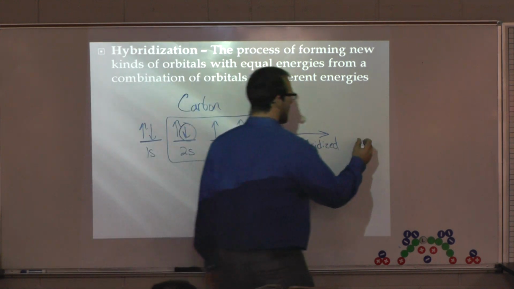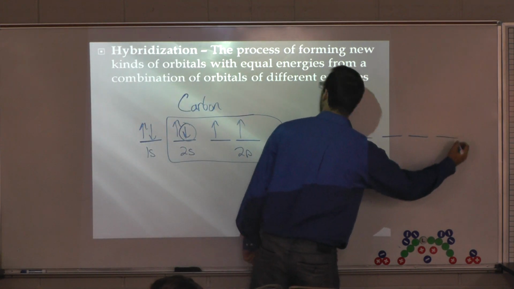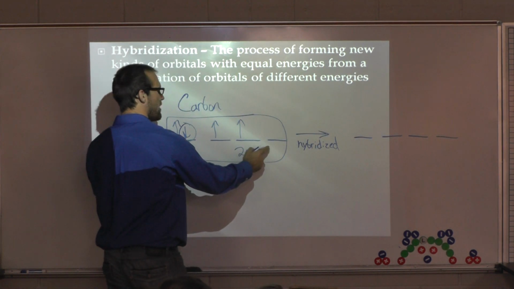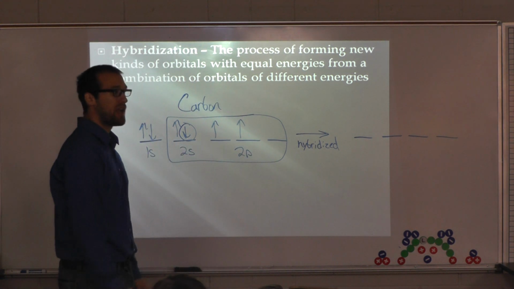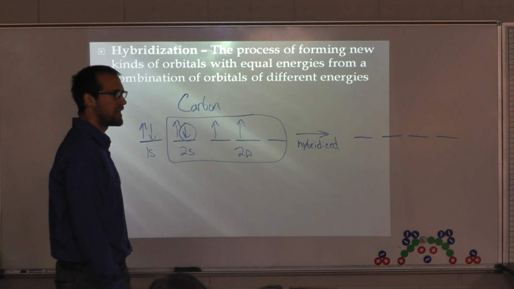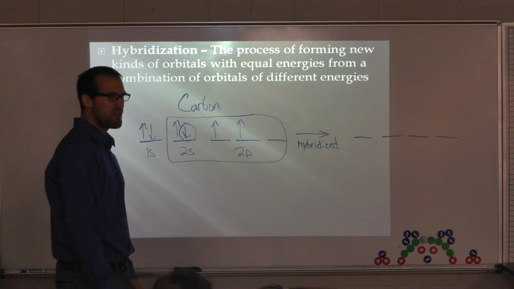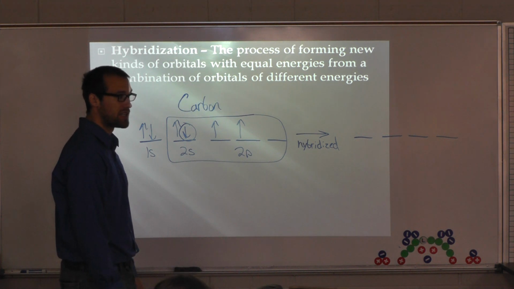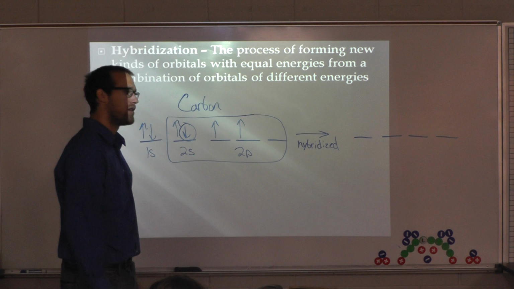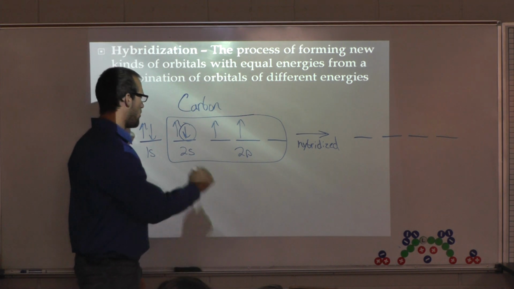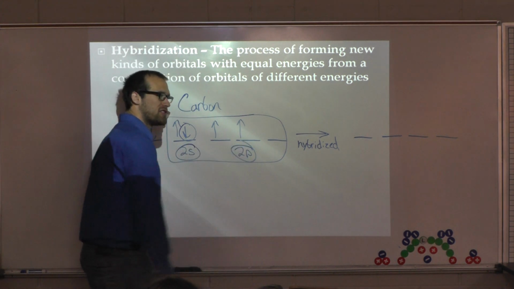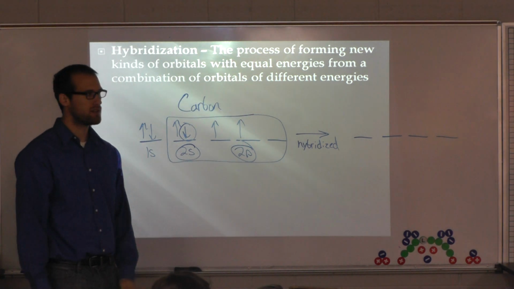Okay? Now, what ends up happening is we have 4 orbitals here that are of different energies, but when we look at it experimentally, these bonded overlapping orbitals all have the same energy. That's another reason why they had to have a new model, because we know 2s and 2p have different energies, correct? Which one's lower in energy?